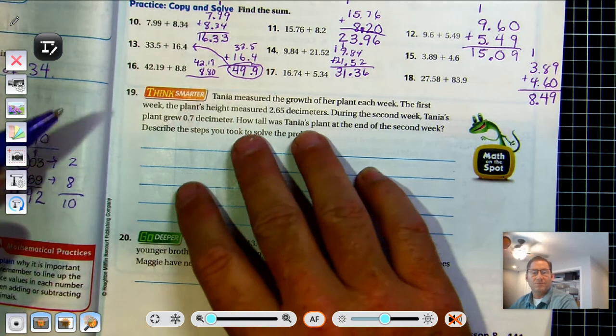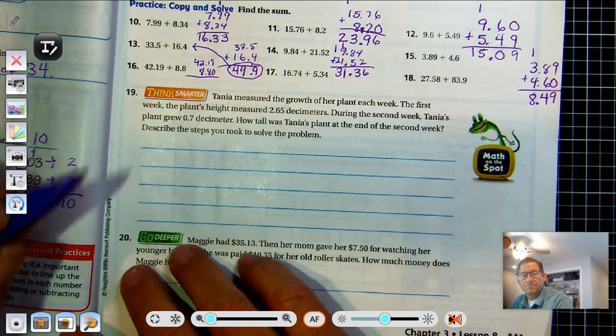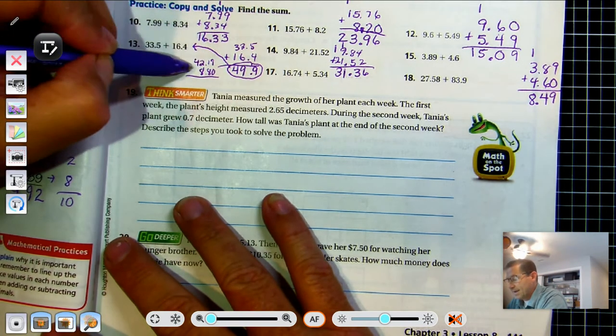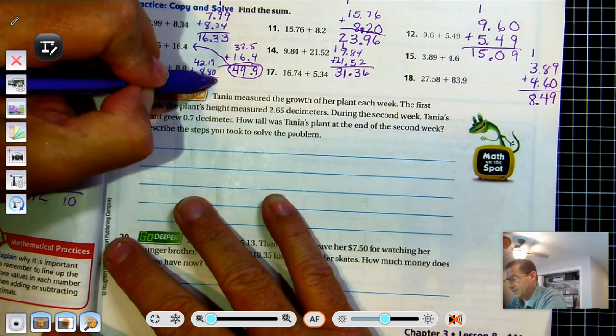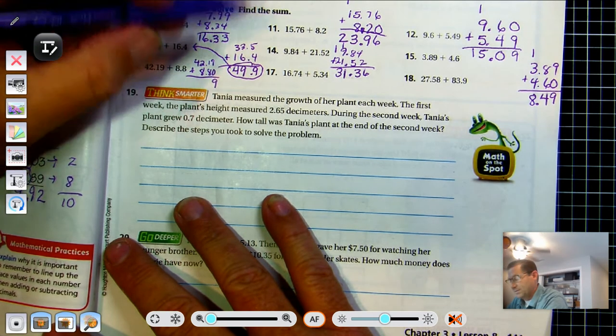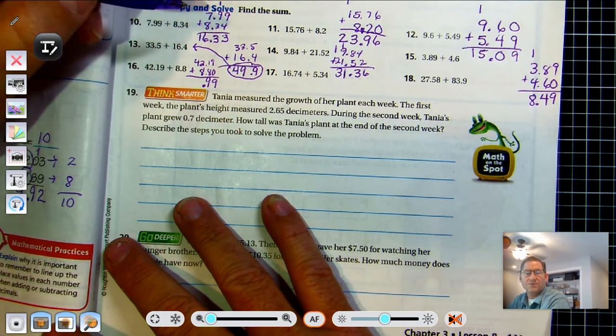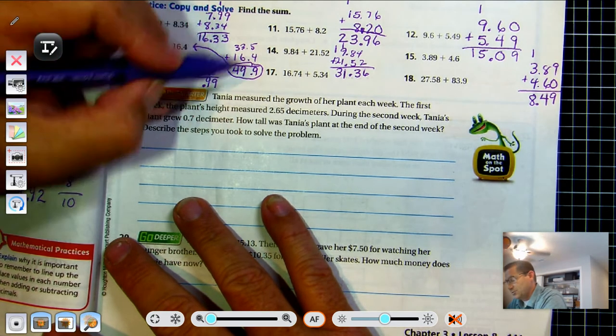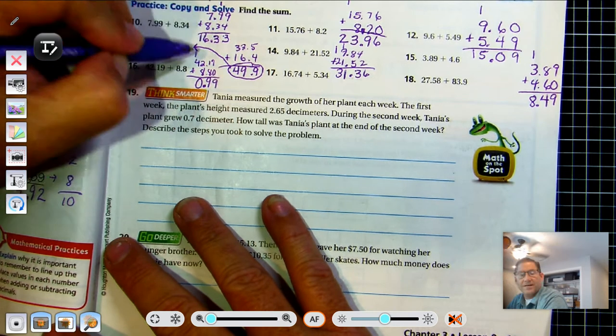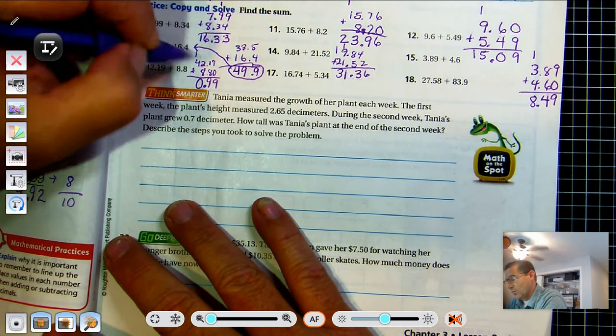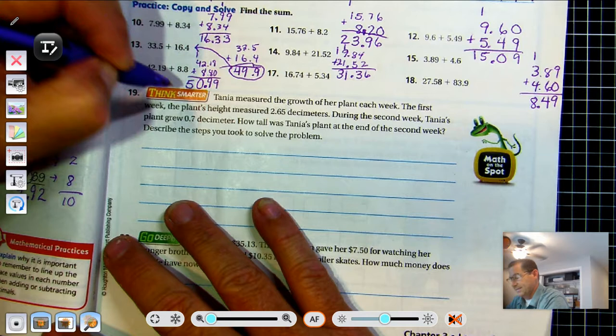I'm just going to draw a line there to make sure that there's no confusion. 9 plus no hundredths is 9 hundredths. 8 and 1 tenth is 9 tenths. We're going to move to the ones, so add your decimal point. 8 and 2 ones is 10 ones. Regroup that as 1 ten and 0 ones. 4 and the regrouped 1 is 5 tens.